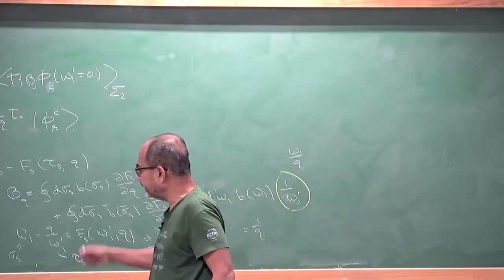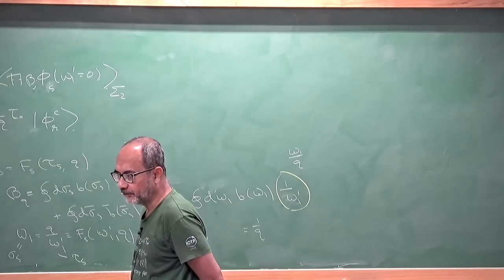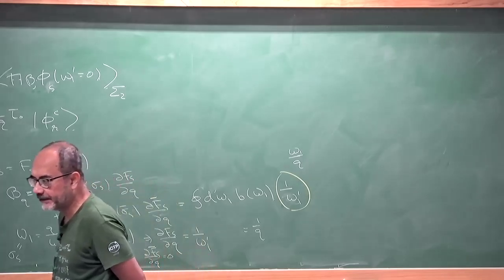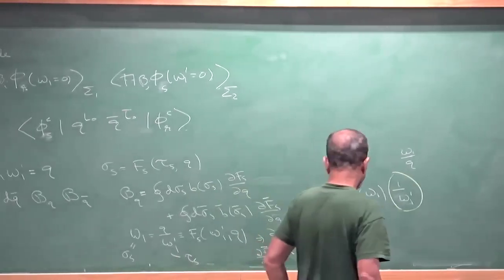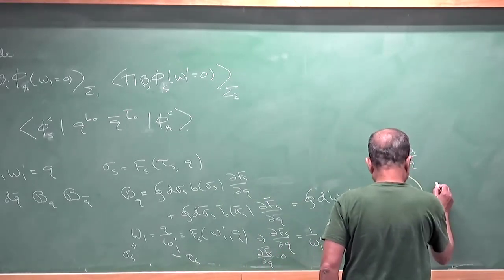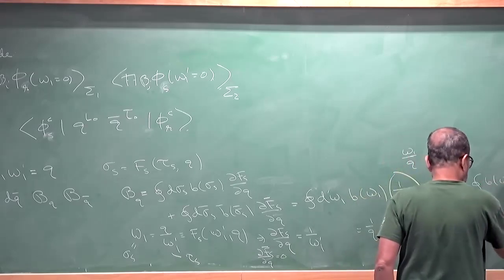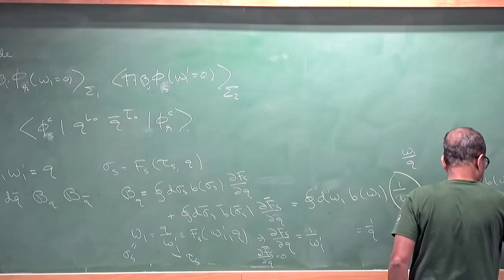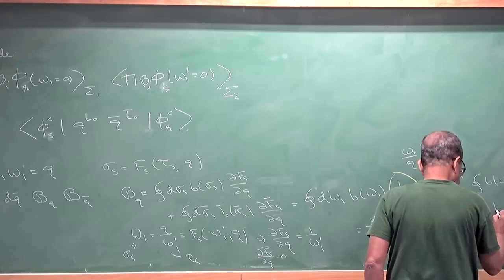Because fs bar is q bar over w1 prime bar, so the q derivative of fs bar is 0. The q and q bar you are thinking independent. So this is q inverse integral bw1 w1 dw1, which you can write as q inverse B0.